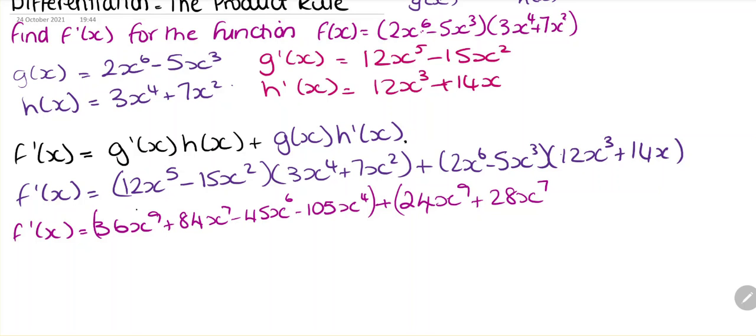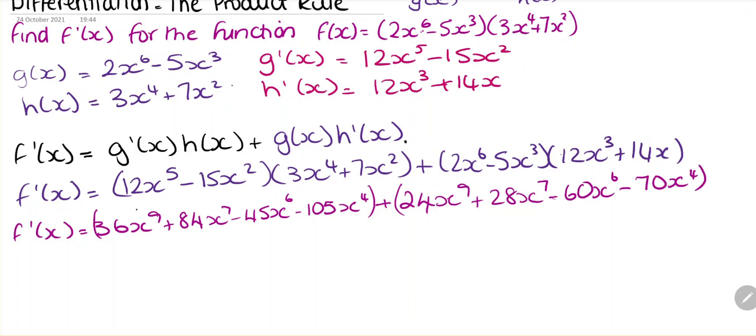And minus 5 times 12, so it's going to be minus 60x^6. And then minus 5 times 14 is going to be minus 70x^4.